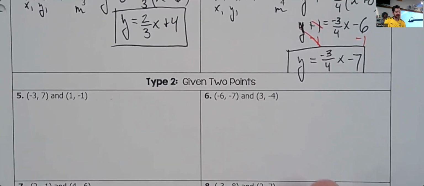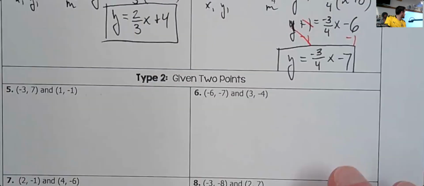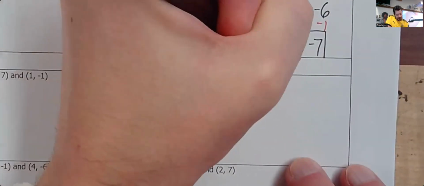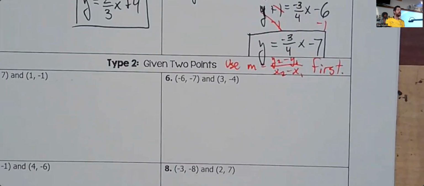So off to the side here, write this: use m equals y2 minus y1 over x2 minus x1 first. Use the slope formula first. You have to find the slope before you can do anything here.